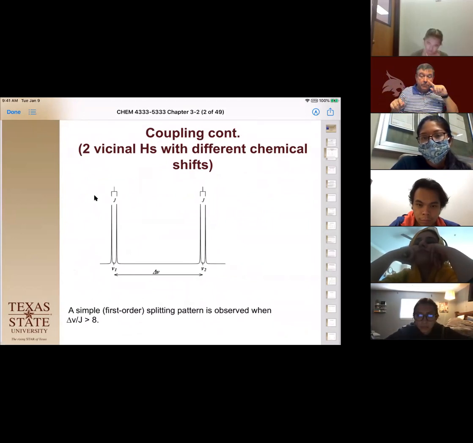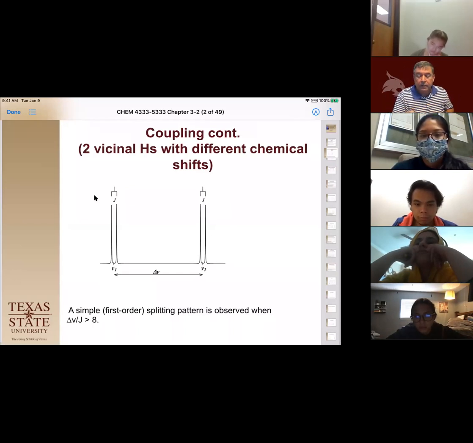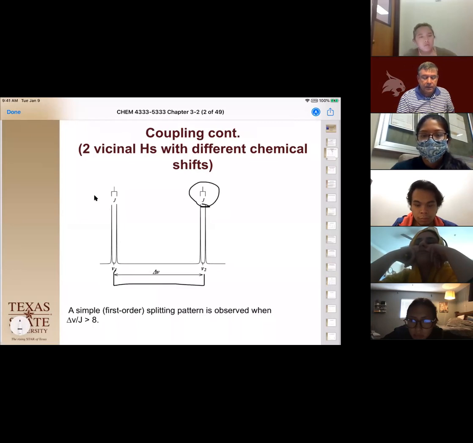And this is our simplest pattern, observed when our change in frequency, which is the distance of this splitting, divided by the coupling constant is greater than 8, okay? So it's most commonly observed that way. If it gets less than that, it's harder to discern. The initial split at the top here is the coupling constant splitting these protons, and then the split here is that change in observed frequency.